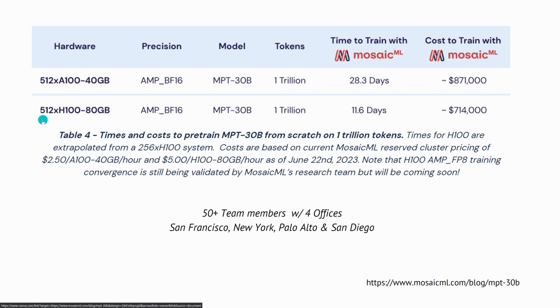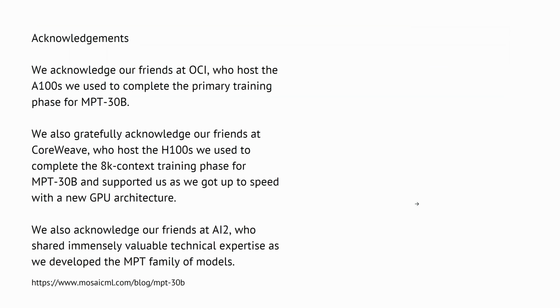And if you now go for the latest and best and brightest NVIDIA data center GPU, the H100 with 80 gigabytes, it goes much faster, in 11 days. So for each trillion tokens that you want to have the training on, you have to calculate about 0.7 million US dollars. Great. So team size, 50 plus team members, 4 offices: San Francisco, New York, Palo Alto, and San Diego. And I thought, this is nice.